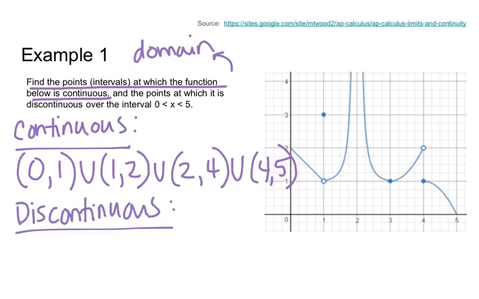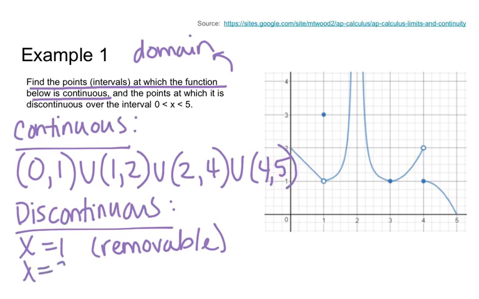Okay, so again, let's list these discontinuities. The first discontinuity is occurring here at 1, and it's a hole, which is removable. Our next discontinuity is here at 2, because we had to jump over 2 because of that vertical asymptote. So that means it's going to be non-removable.